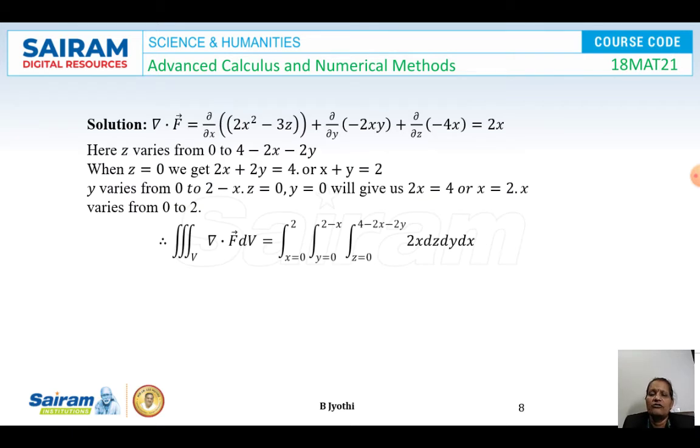Solution. First we will find del dot f. The del dot f is given by dou by dou x of (2x square minus 3z) plus dou by dou y of (minus 2xy) plus dou by dou z of (minus 4x), which is equal to 2x.